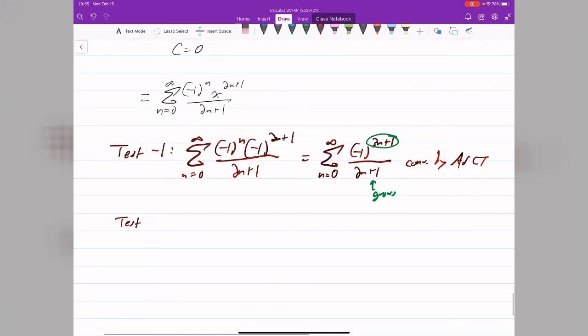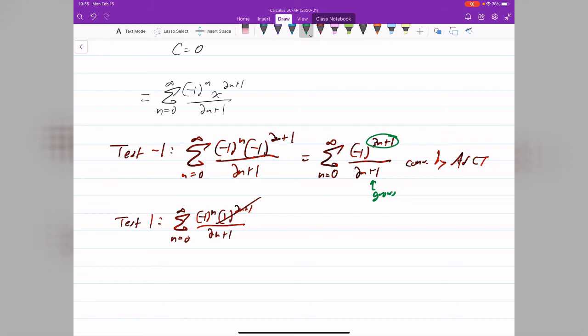Now finally we're going to test 1. I get the sum from n equals 0 to infinity of negative 1 to the n, 1 to the 2n plus 1 over 2n plus 1. Well, that 1 to the 2n plus 1 goes away. And what I basically get is negative 1 to the n. Negative 1 to the n is also going to alternate.